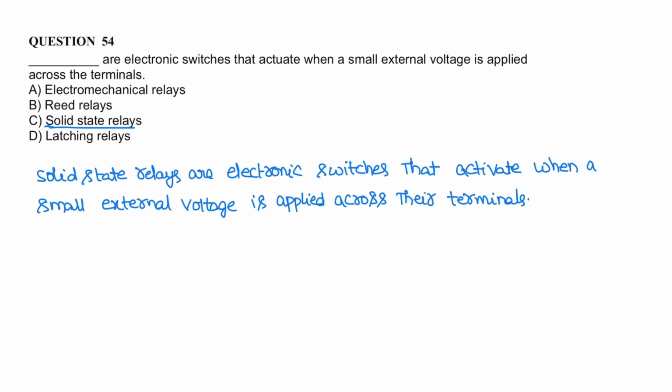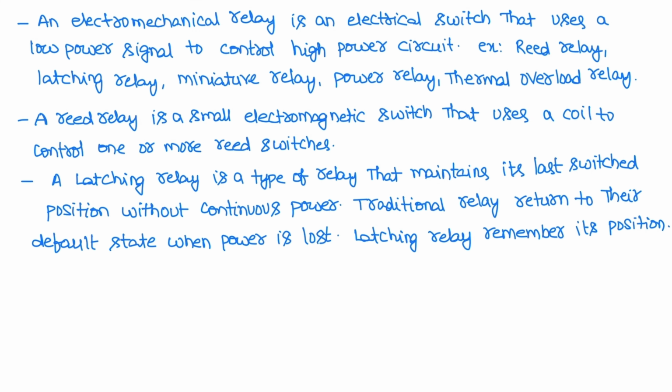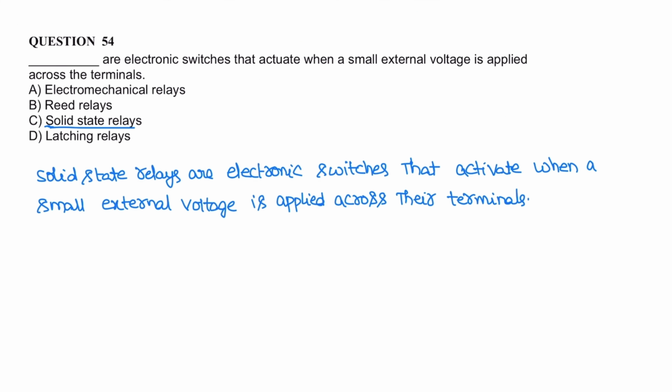electromechanical relay, reed relay, and latching relays. The electromechanical relay is an electrical switch, not an electronic switch. It is an electrical switch that uses a low power signal to control a high power circuit. Examples of electromechanical switches are reed relay, latching relay, miniature relay, power relay, and thermal overload relay.